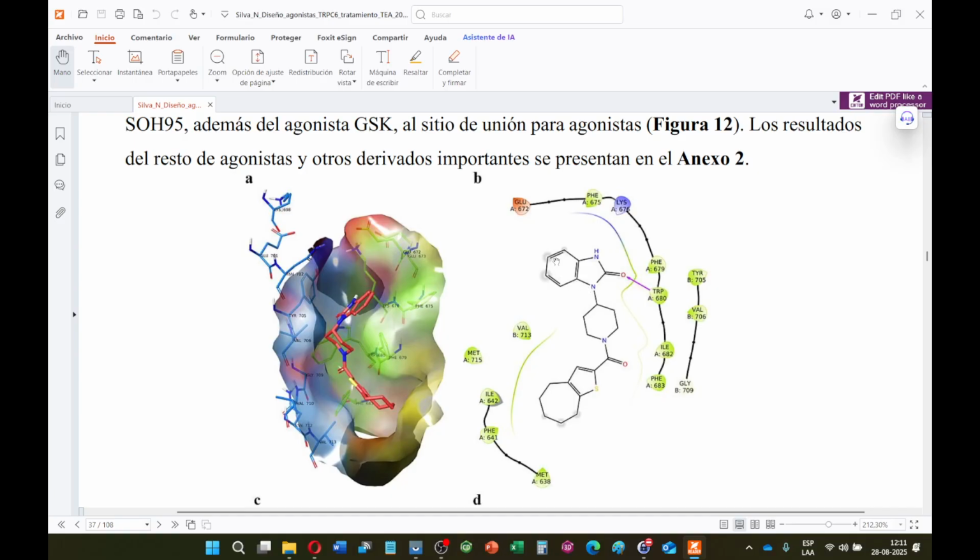And here in the benzimidazoline, the two nitrogens are not basic because they are in resonance with this carbonyl. What is the tryptophan doing here? A hydrogen bridge. Who is giving the hydrogen bridge, the tryptophan, through what? The NH of the indole ring.